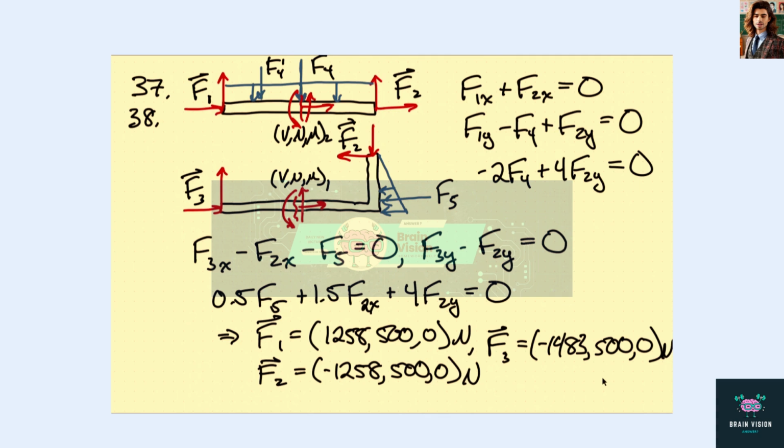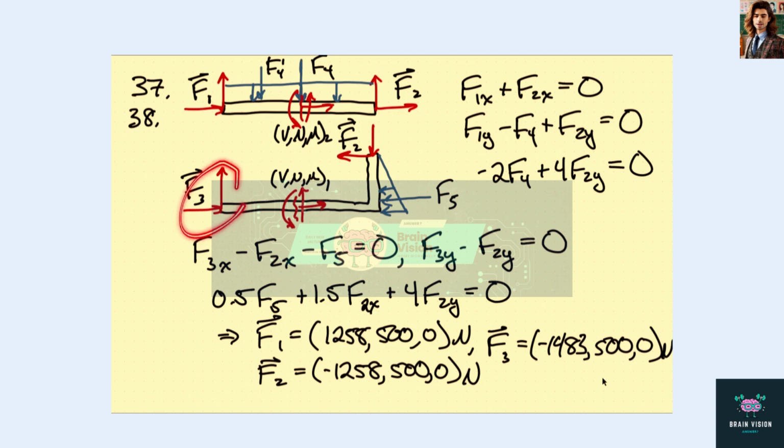The force at the lower pin is minus 1,483 newtons in the x direction and 500 newtons in the y direction.